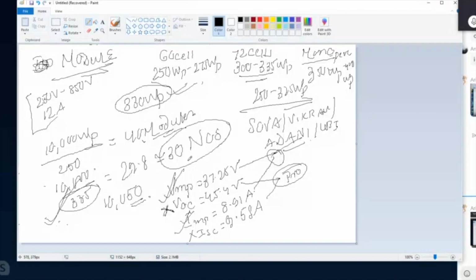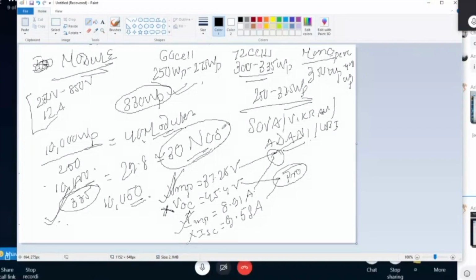Now, the first question comes that we have 30 modules, right? How to connect? Yesterday we discussed that the first step is to connect through series. So we are going to connect 30 modules in series. But whenever we are connecting 30 modules in series, what is happening? The total voltage VT would be 30 into VMP.